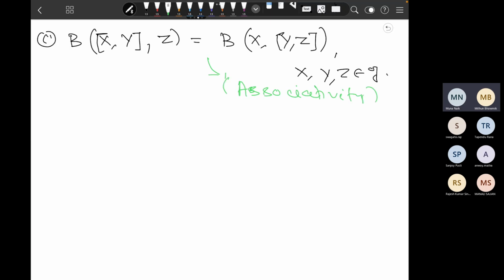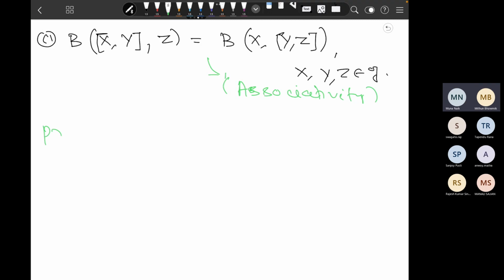The reason is, for an associative algebra, you have this thing (xy)z is equal to x(yz). Now instead of this product, you put the Lie bracket, and then you apply the Killing form. So for that reason, this property is called associativity.